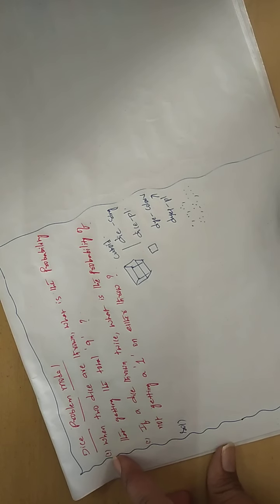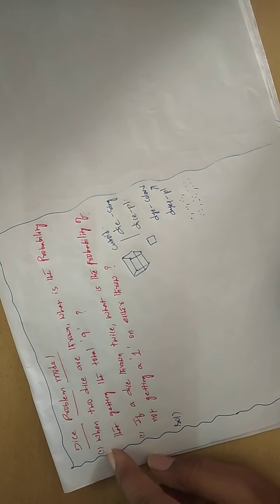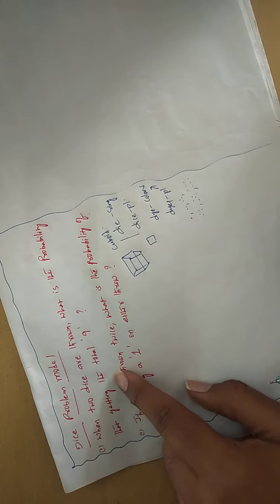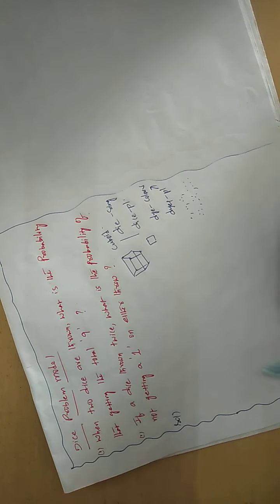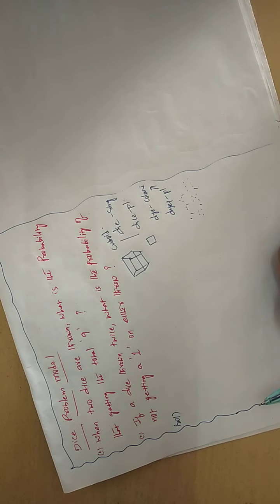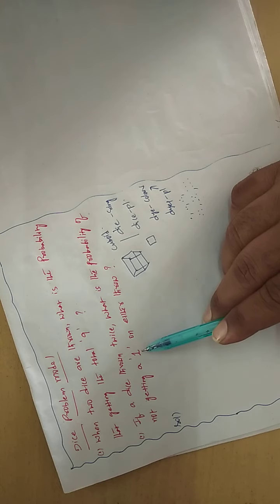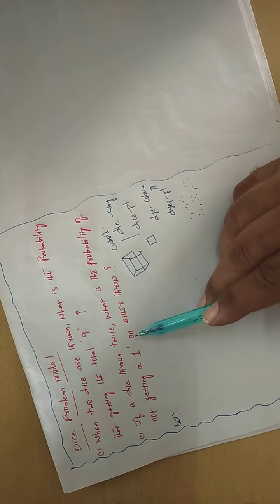Now here, what is the question? First question: when 2 dice are thrown, what is the probability of getting the total 9? Generally, in the dice problem, there will be a mix of various conditions, like odd numbers, even numbers, a wanted kind of total, and so on.